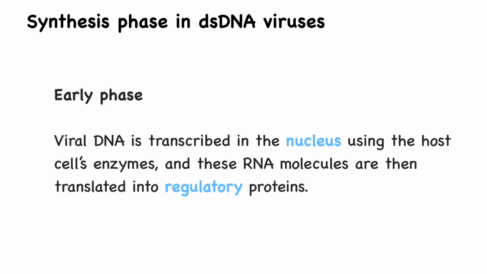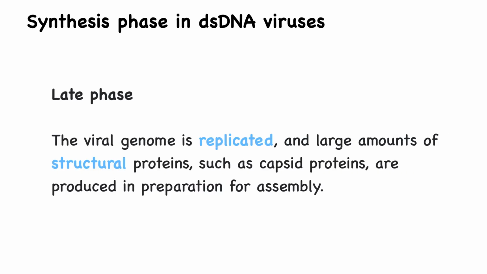During the early phase, viral DNA is transcribed into RNA using the host cell's enzymes, and these RNA molecules are then translated into regulatory proteins. In the late phase, the viral genome is replicated, and large amounts of structural proteins, such as capsid proteins, are produced in preparation for assembly.